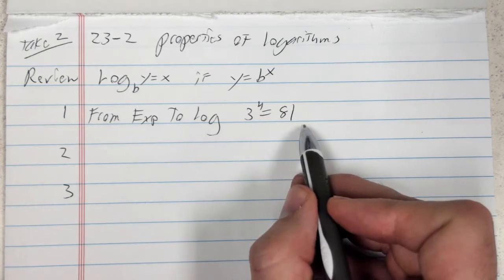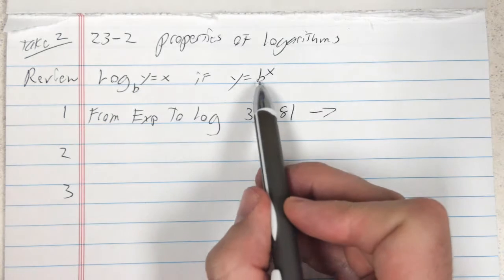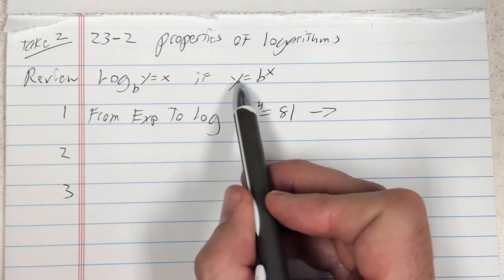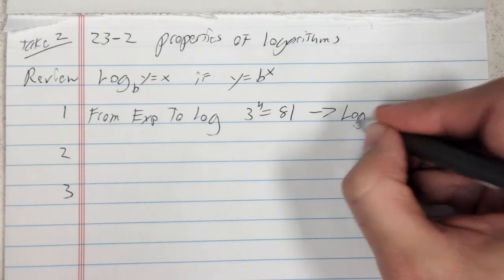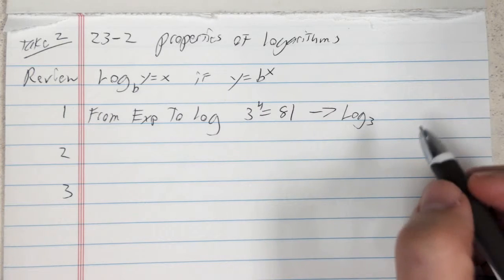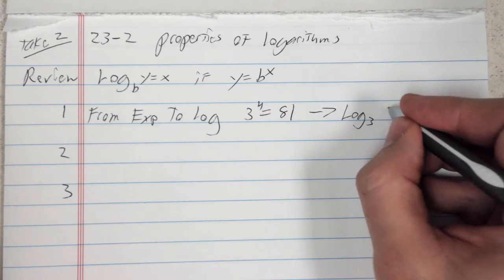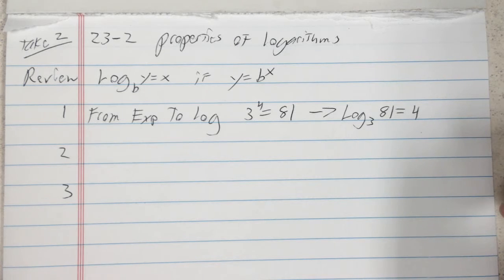That is an exponential statement, and so we want to say what kind of a log statement would that be? So b to the x is equal to y. Our base is log base 3, and then of 81 is equal to 4.